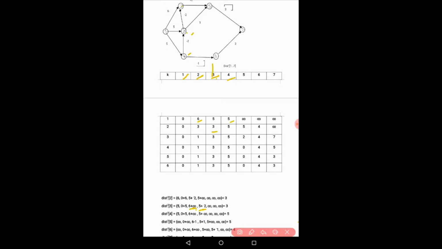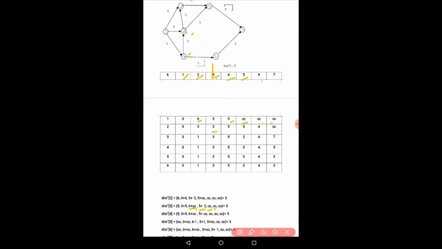Now the fourth node is over. Now I will take the fifth vertex. The previous value is infinity. Once one value is infinity, we need not plus or minus. Here also from the sixth vertex it is infinity, so I will write infinity.